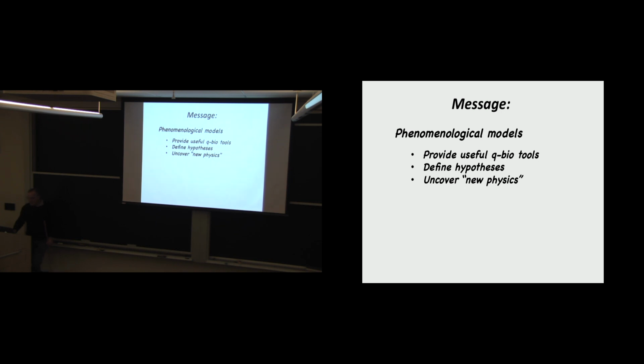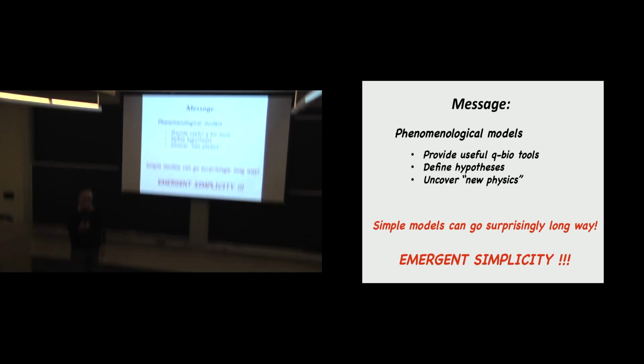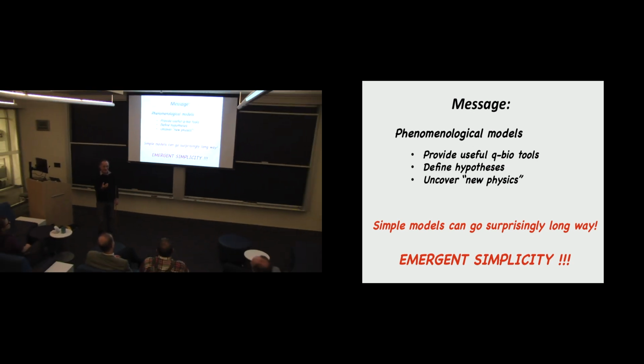So the message is that these sort of simple phenomenological models can be quite amusing, I hope you agree with me. But what I really want to emphasize is, very often you hear about complexity, but I'm much more excited about simplicity.